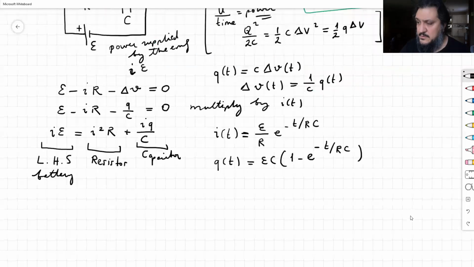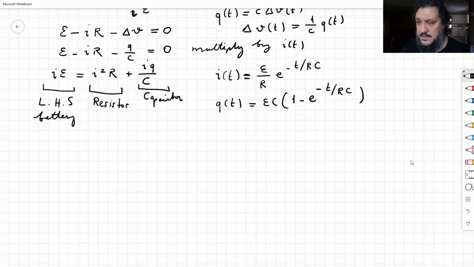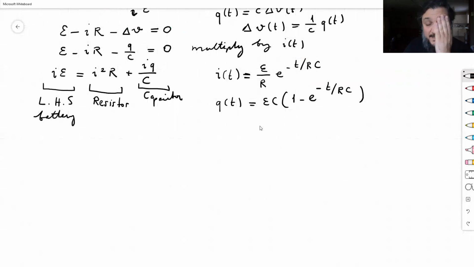We could check this, meaning we could plug these into the equation there, and the left-hand side should match the right-hand side. We could also integrate that, because power is energy per unit time, or the rate of energy per time. If you integrate that, you get energy. So also try, after plugging in, try integrating.